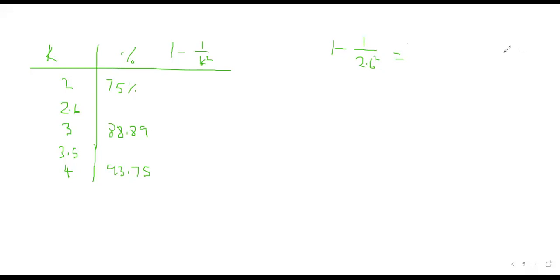What are we getting? 85.21. Now let's try 3.5.